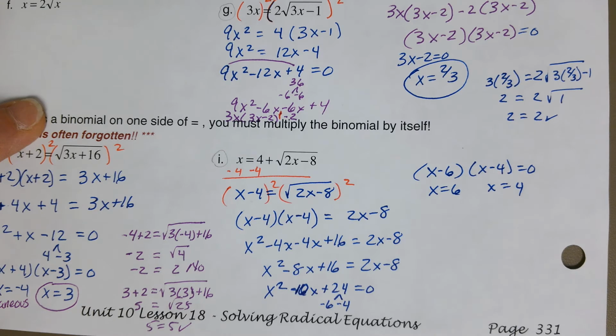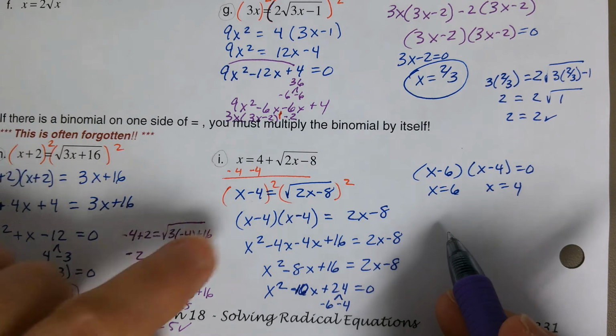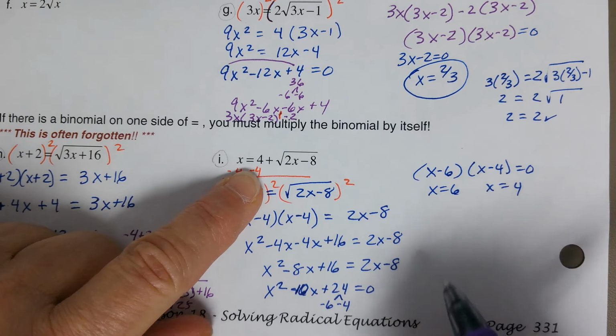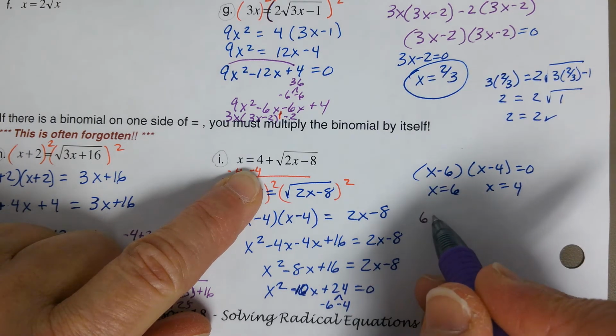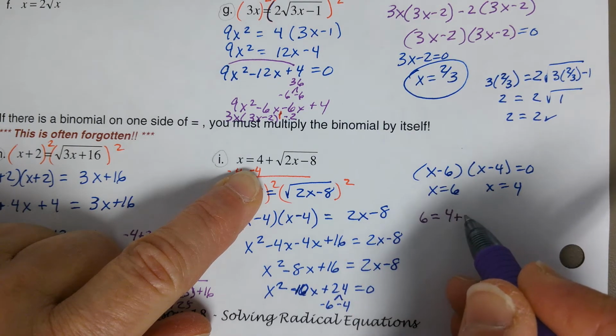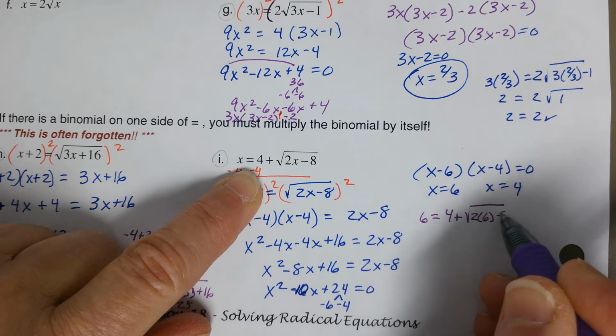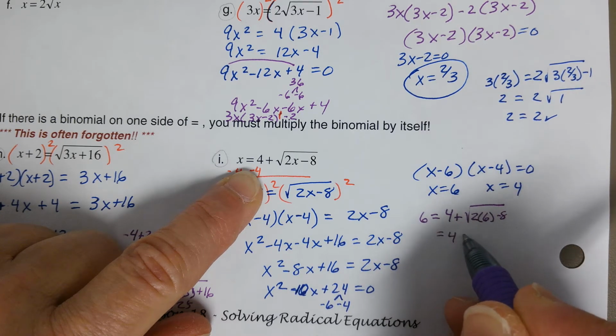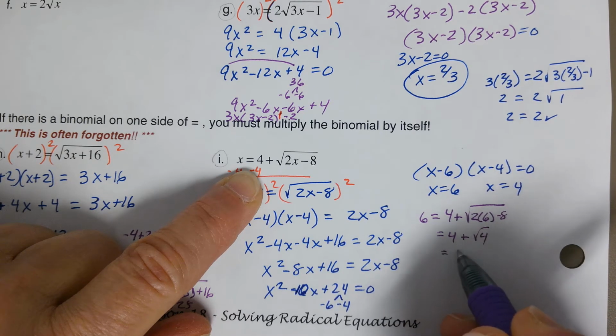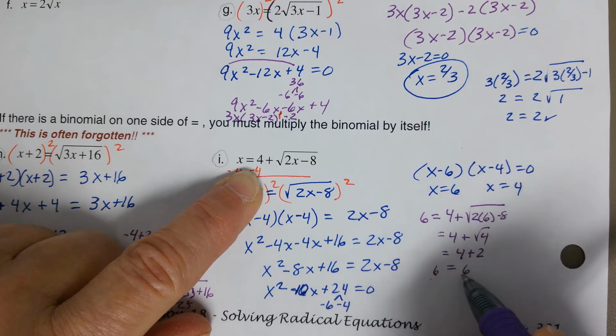And again, we must check into the original equation. So does 6 equal 4 plus the square root of 2 times 6 minus 8? 12 minus 8 is 4. The square root of 4 is 2. 4 plus 2 is 6. That does check.